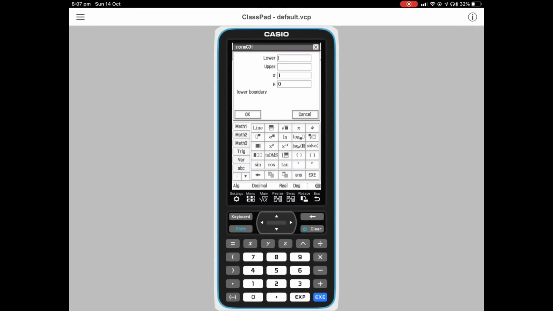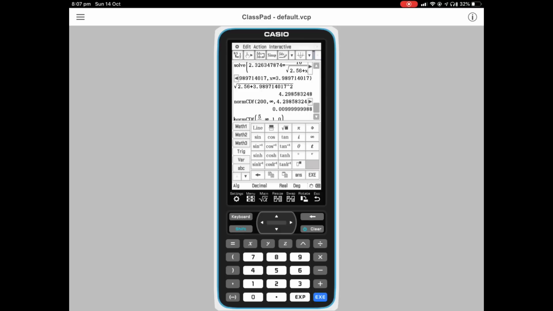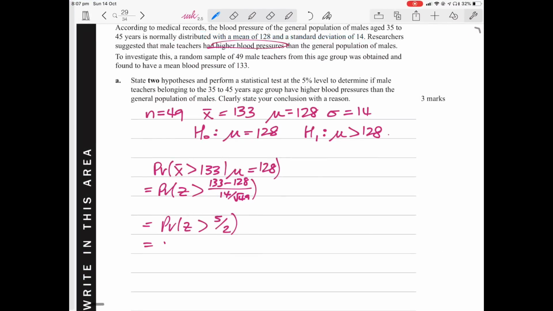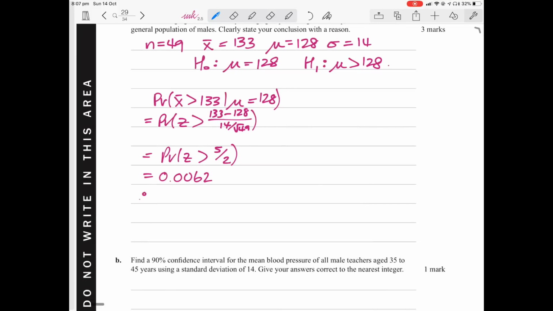Interactive distribution continuous. Z is 5 divided by 2. Infinity. 0.0062. Therefore, the p value is less than 0.05.